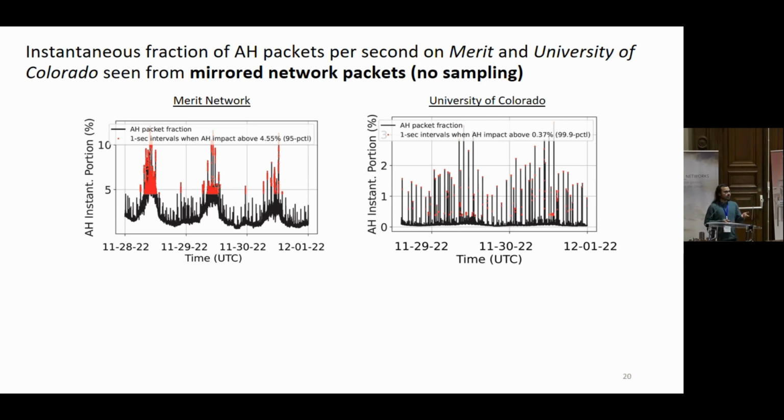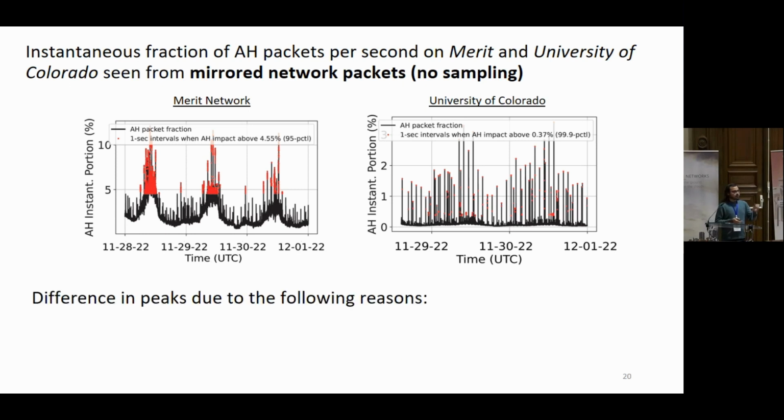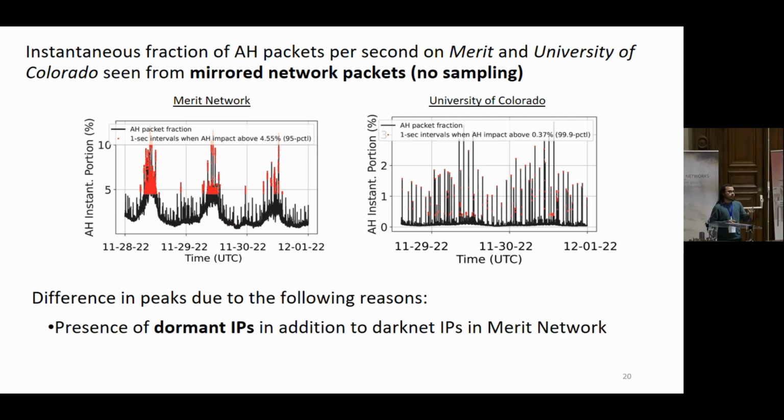Now you may notice that the peaks observed in the left figure are about 12 to 13%, whereas the peaks observed in the right figure are about 2 to 3%. So we figured that the reason for this difference of about an order of magnitude between Merit Network and University of Colorado is due to the following two reasons.